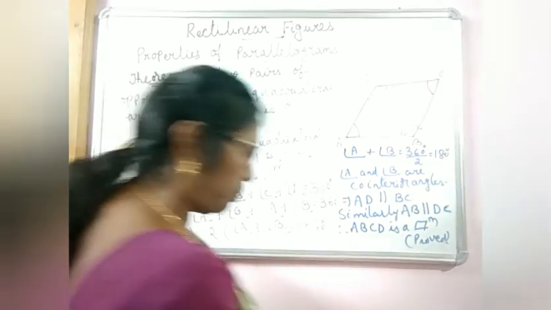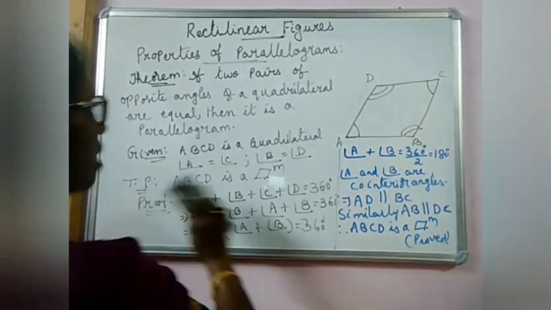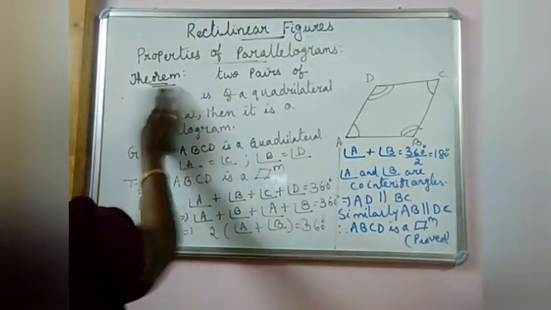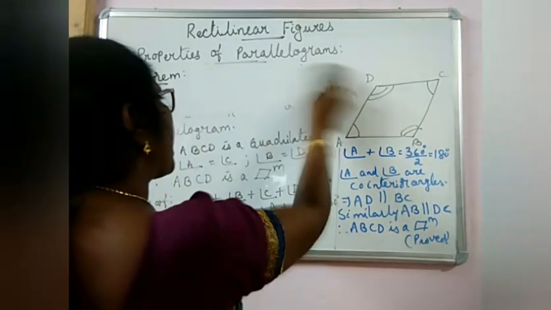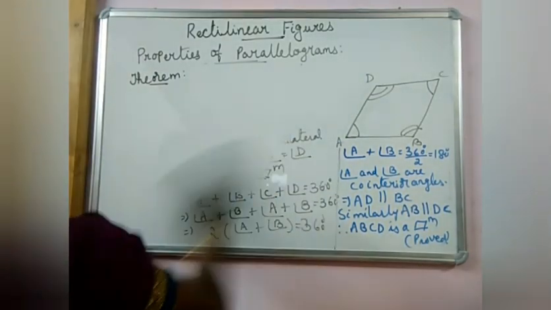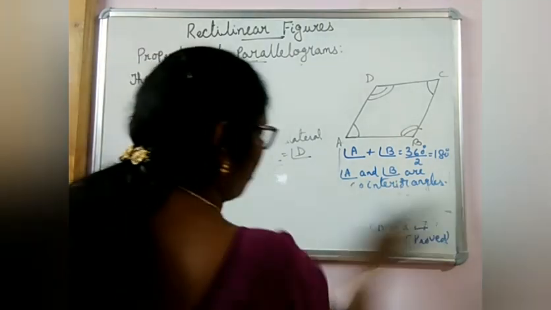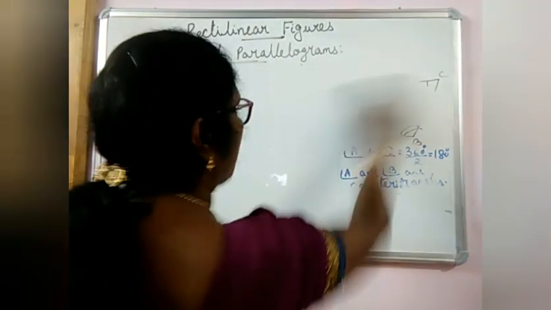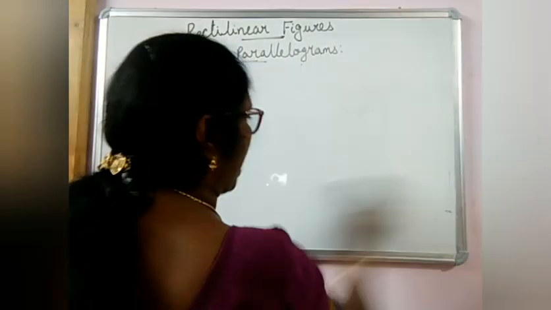Okay? Now, let us have one more theorem. If one pair of opposite sides of a quadrilateral are equal and parallel, then it is a parallelogram.